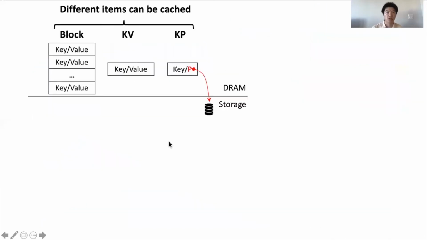So here are more details. We did a little investigation about what can be cached in the caching space. We can cache blocks. Caching a block is natural because a block is the I/O unit. Once we have fetched a block from storage, we can just leave it there. This is good for range queries because one block has a sorted list of all the keys and values falling into this particular range. After merging with other blocks from other levels, we can get the result.